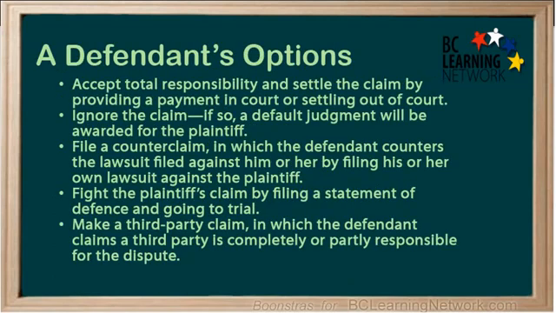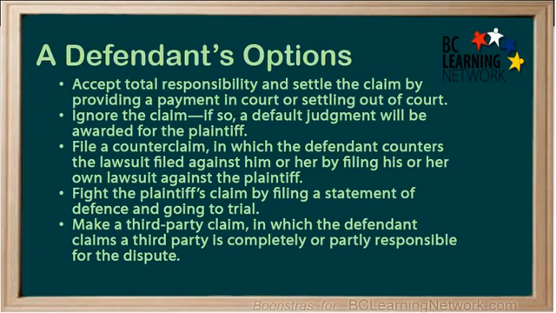When a defendant is served with a civil action, he or she has a number of options. First, accept total responsibility and settle a claim by providing a payment in court or settling out of court. Second, ignore the claim, in which case a default judgment will be awarded for the plaintiff. Third, file a counterclaim, in which the defendant counters the lawsuit filed against him or her by filing his or her own lawsuit against the plaintiff.